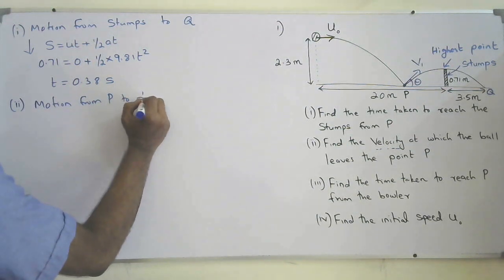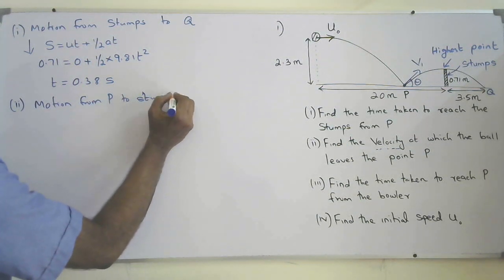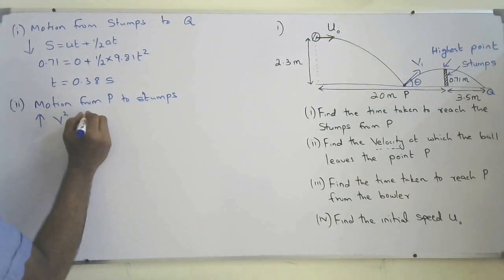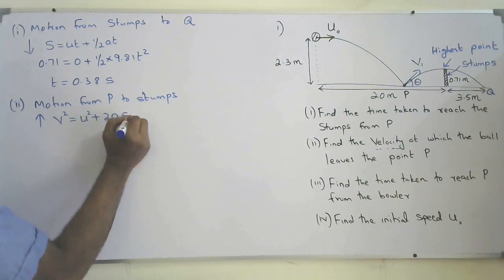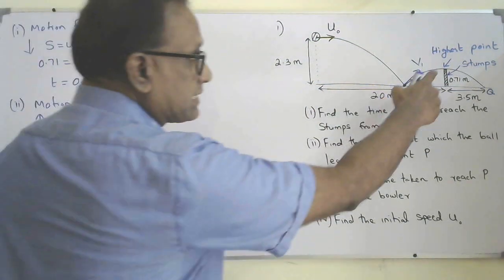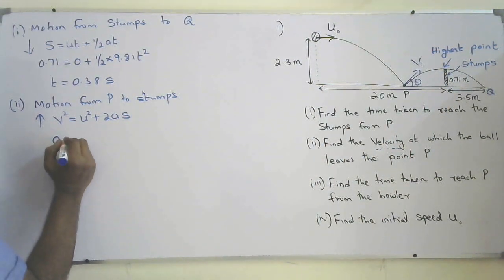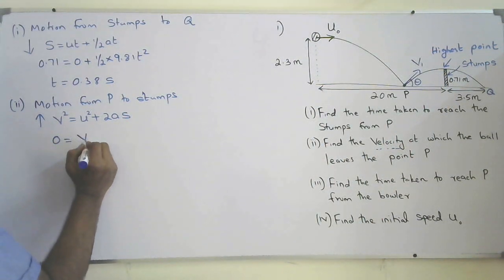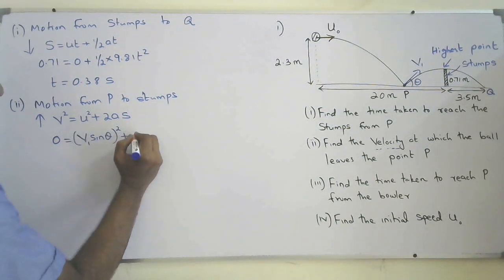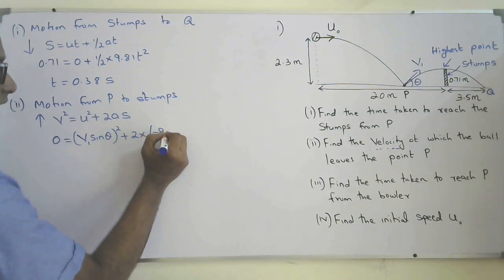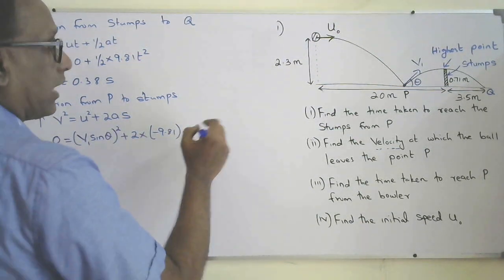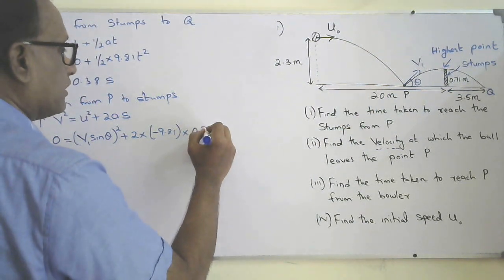So I'm going to consider the motion from P to the stumps, vertically upward. I can use v squared equals u squared plus 2as. The vertical component of velocity above the stump will be equal to 0. So 0 equals (V1 sine theta) squared plus 2 into minus 9.81, because I'm using the upward direction, into s, which is the height of the stump, 0.71.